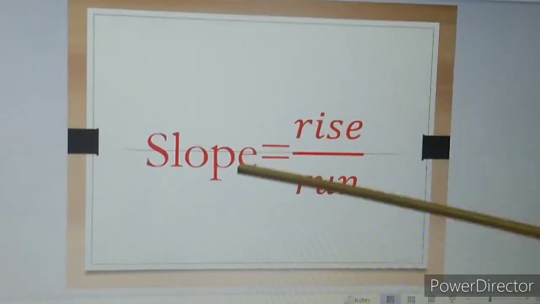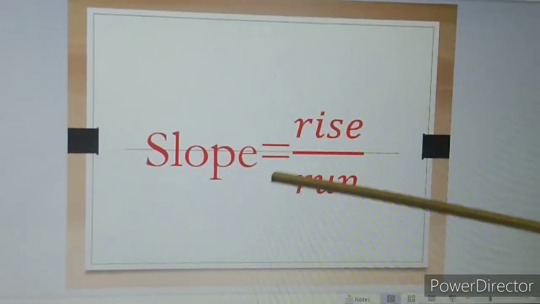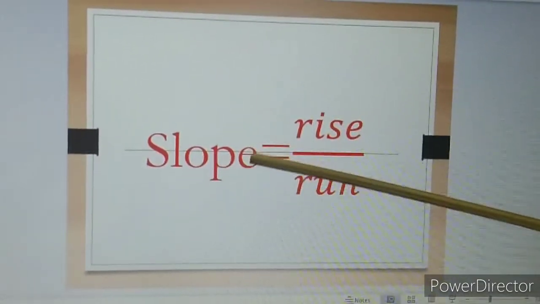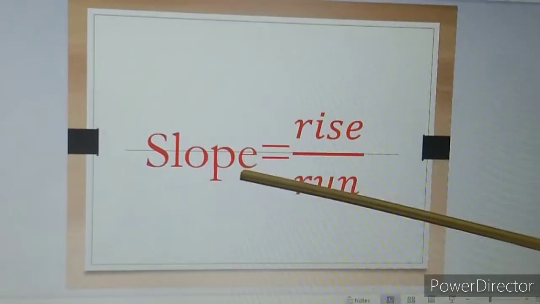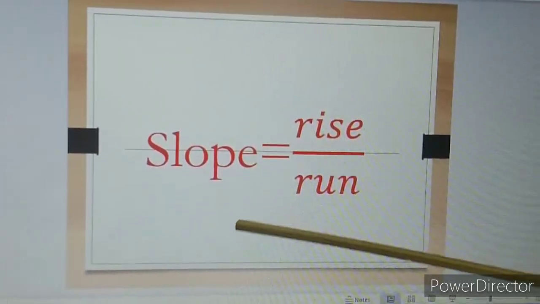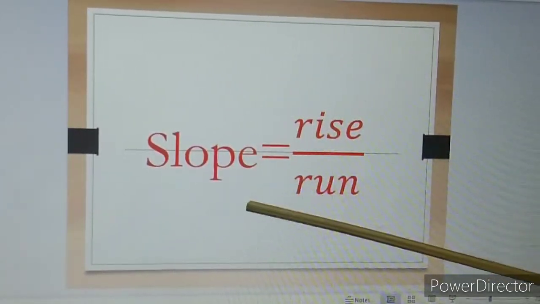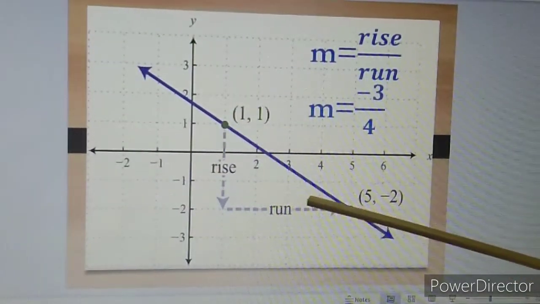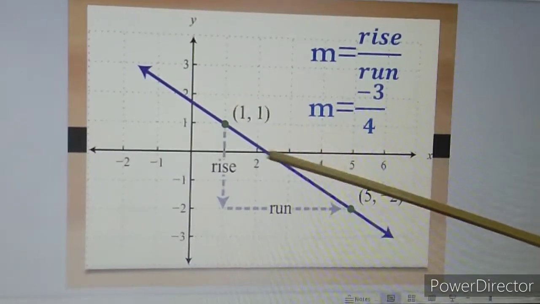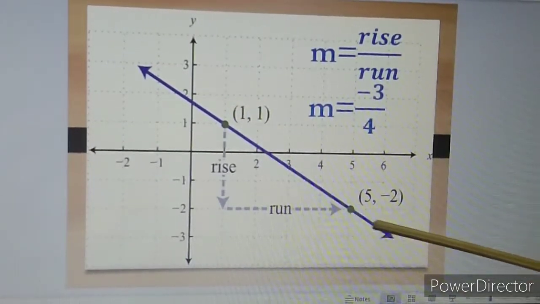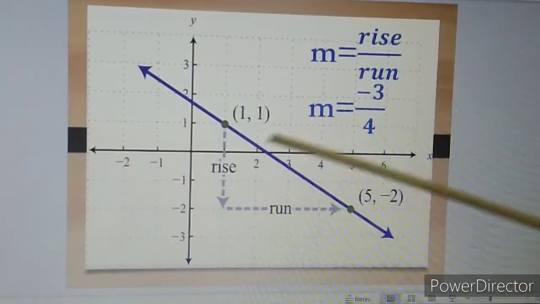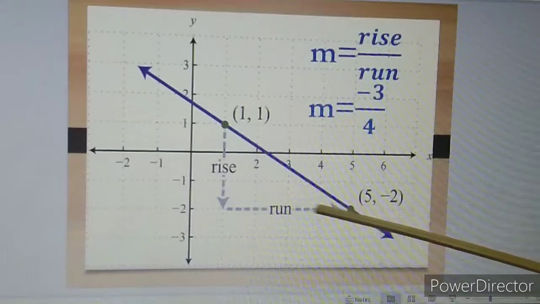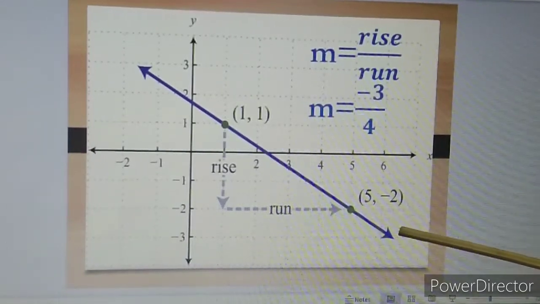We will use this formula in finding the slope if the given linear equation in two variables is presented using a graph. So let's say this is the graph of the linear equation in two variables. As you can see, this is the Cartesian plane, this is the x-axis, this is the y-axis, and this is the graph of the linear equation in two variables.